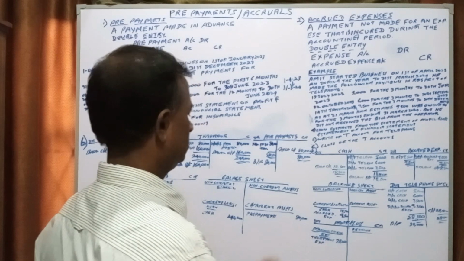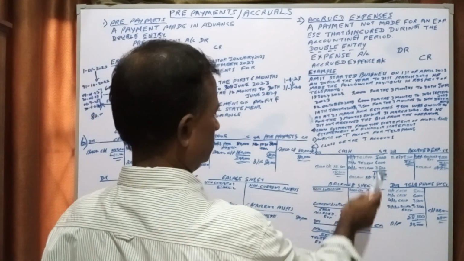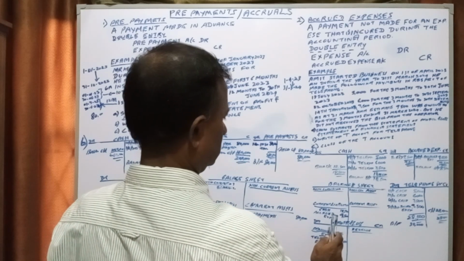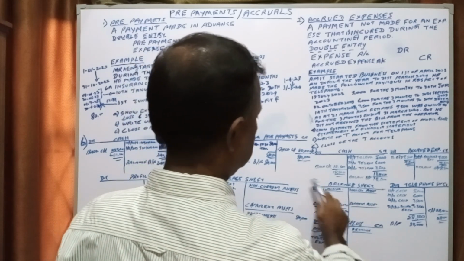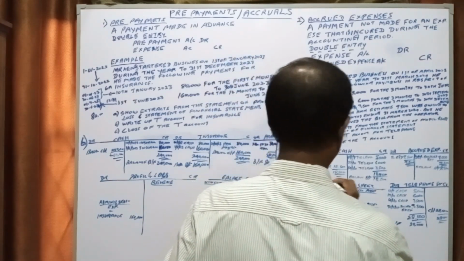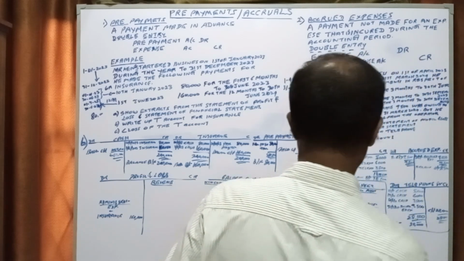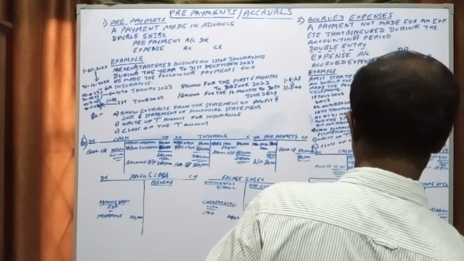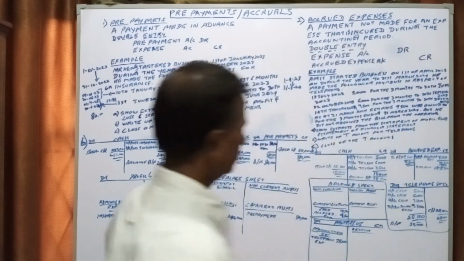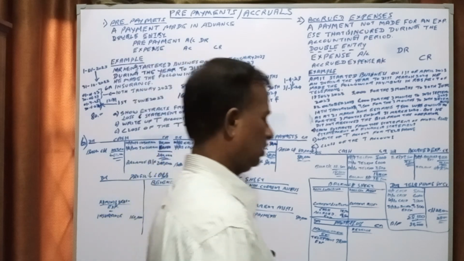Okay, so this is the financial statement. This is the balance sheet. This is the profit and loss account. Okay, understood?